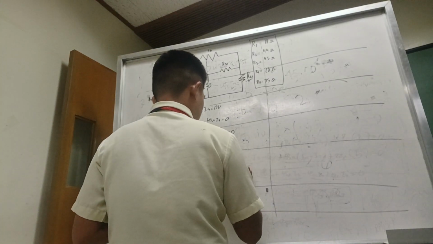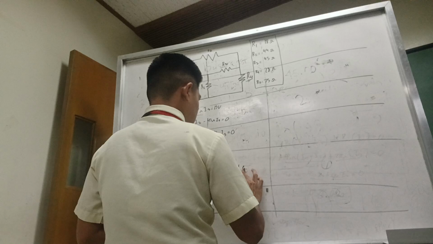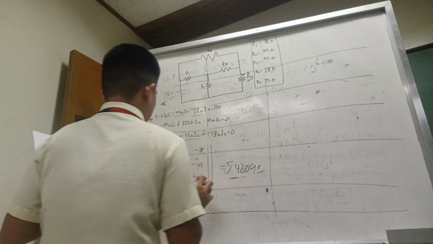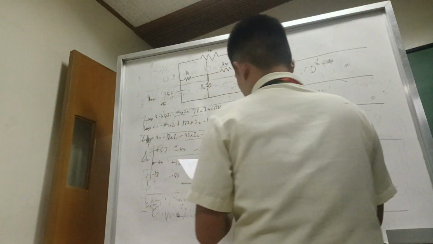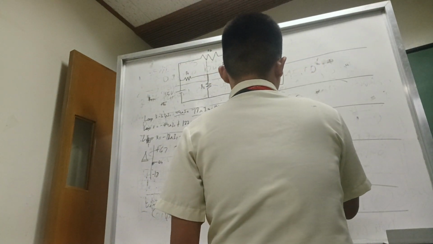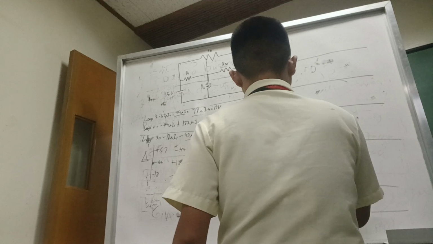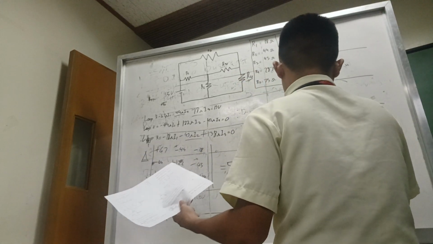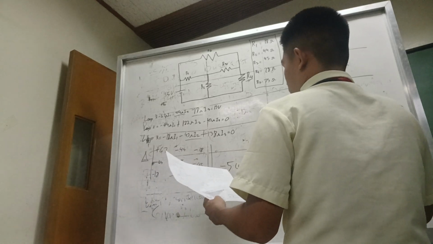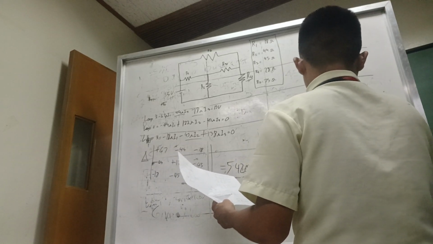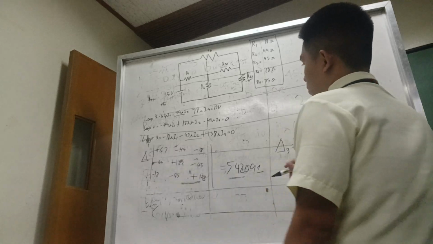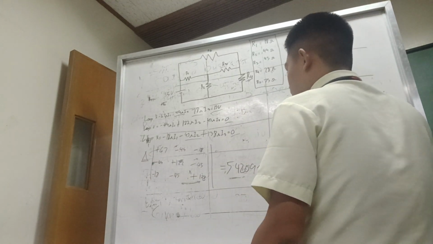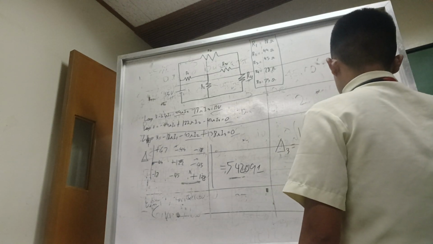Okay, 542091 is the answer. For delta sub 3, it's all the same, but we need to input plus 67, minus 49, but we need to apply this, and this, so it will be positive 15.